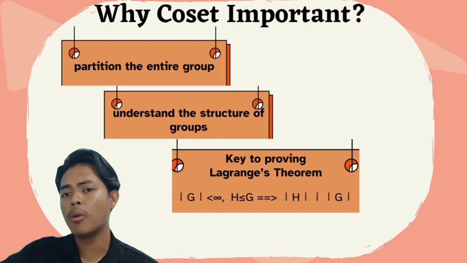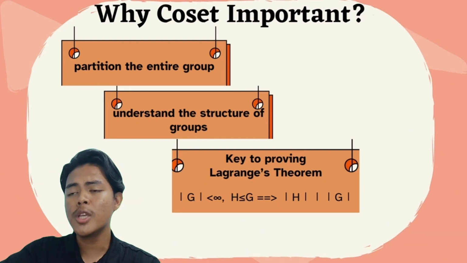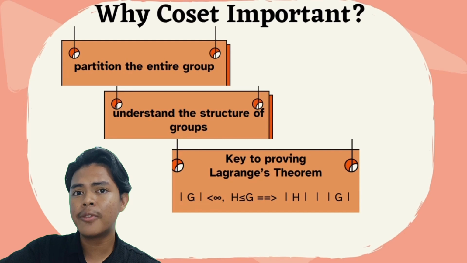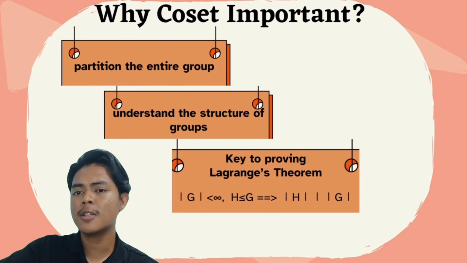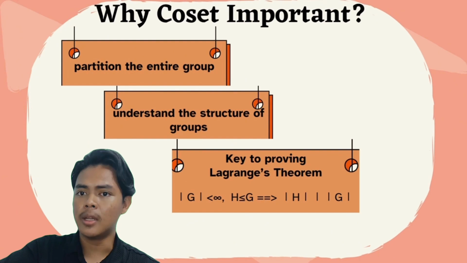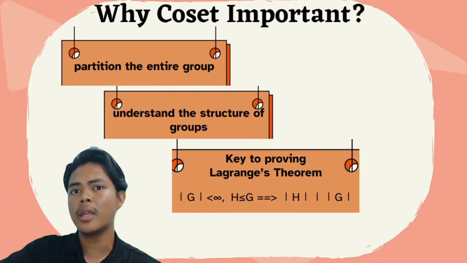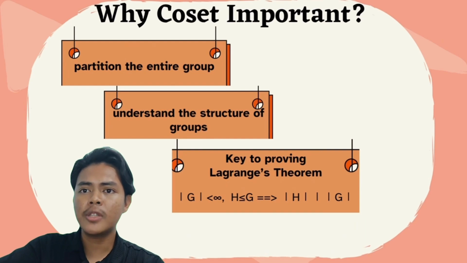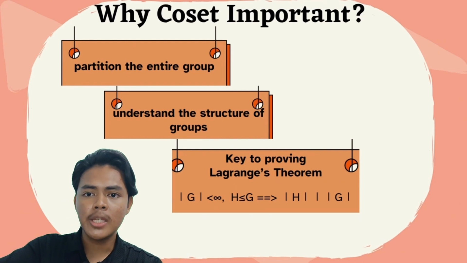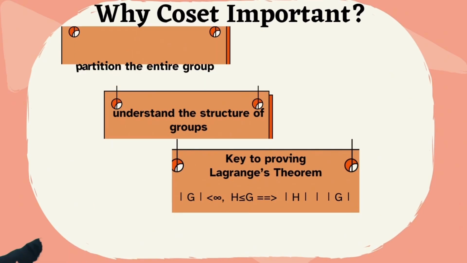By looking at how a group breaks into cosets, we see how the subgroups fit inside the bigger group. This leads to the idea of the index of a subgroup, which is how many cosets there are. And finally, the coset is the key in proving the Lagrange theorem, which states that if G is a finite group and H is a subgroup of G, then the order of H divides the order of G.